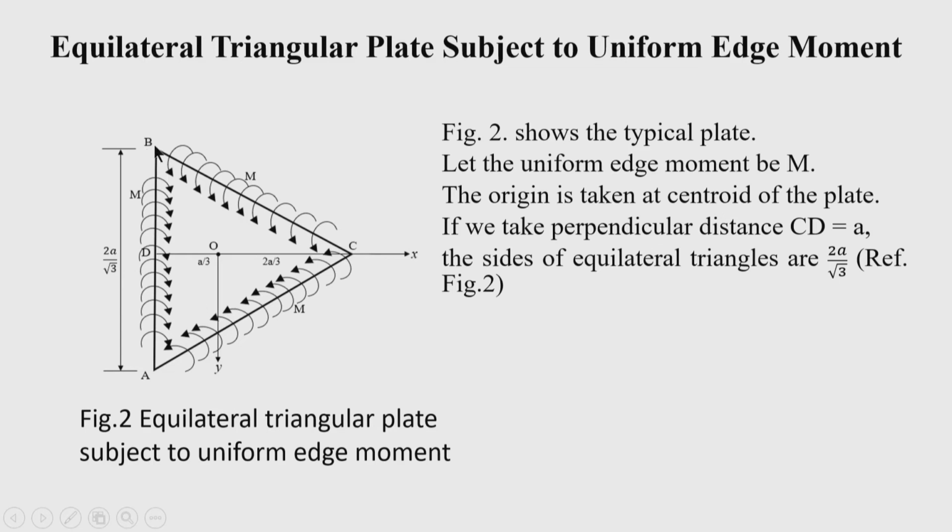So, bending moment 0 means, here say this edge is inclined, it is neither parallel to the x axis nor parallel to the y axis. So, we have to take the bending moment that is normal to the plate is 0, but here it will be not 0 because the moment m is applied.